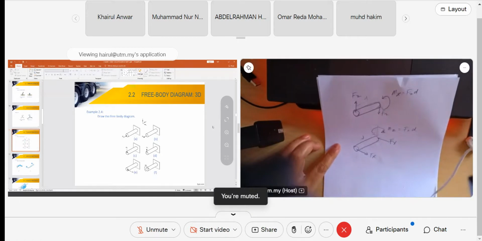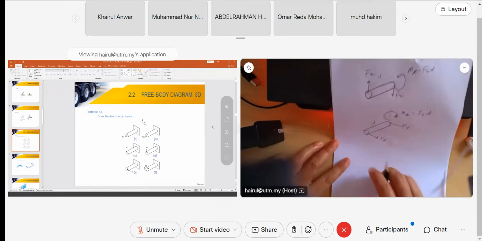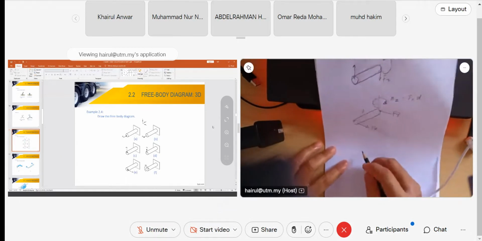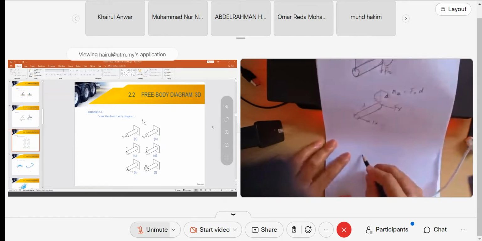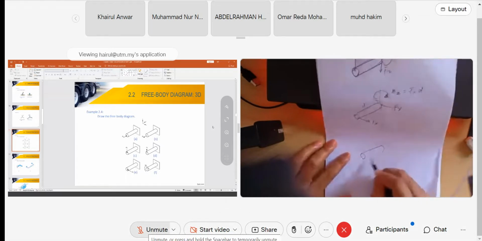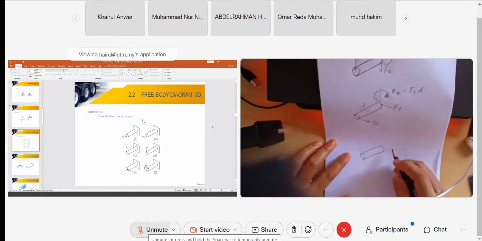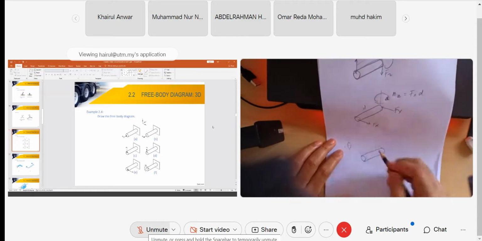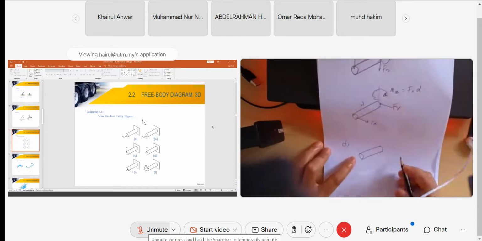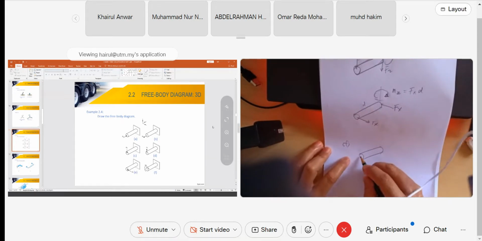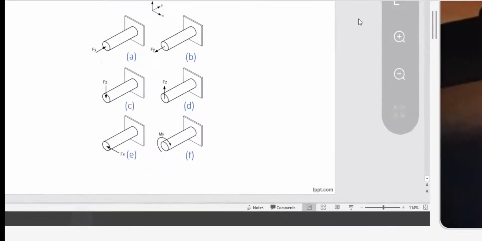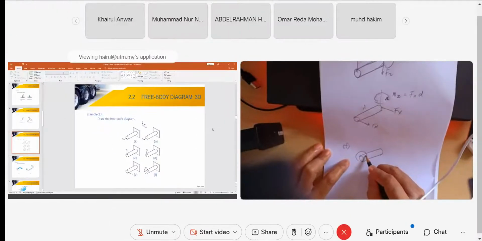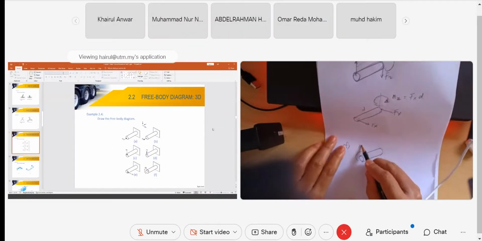Okay, last one, F. Can you see my sketch? On my live video, you can see F, we have torque. Earlier E was okay. F we have like this. Can you see? This is moment, that's why I say moment Y. Can you see moment Y?